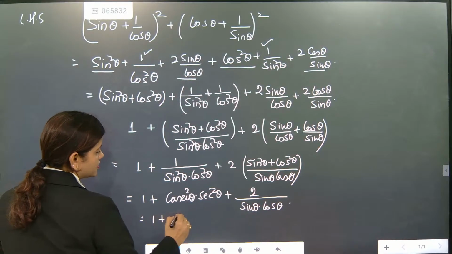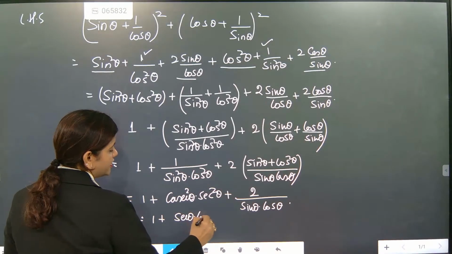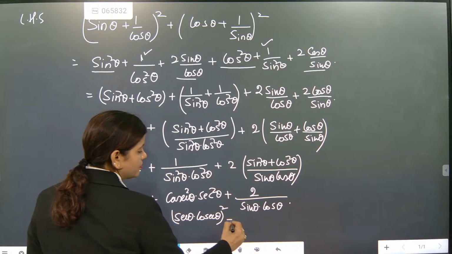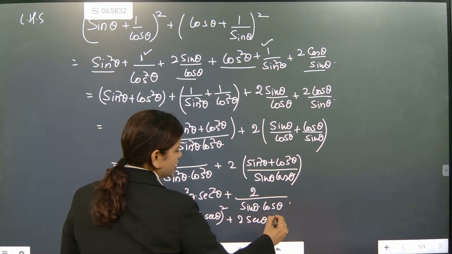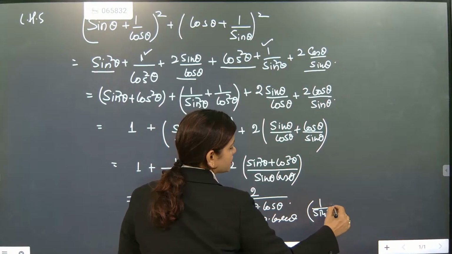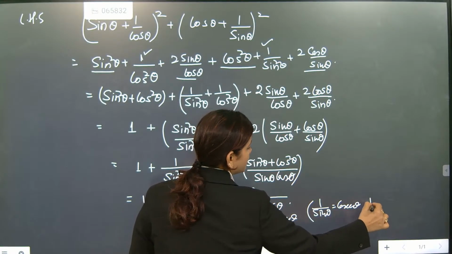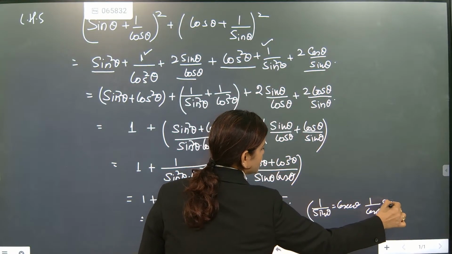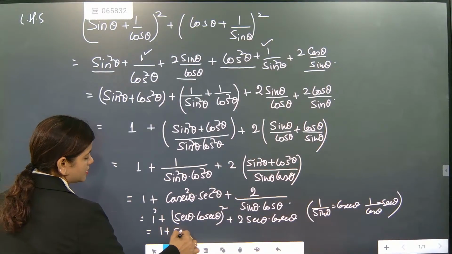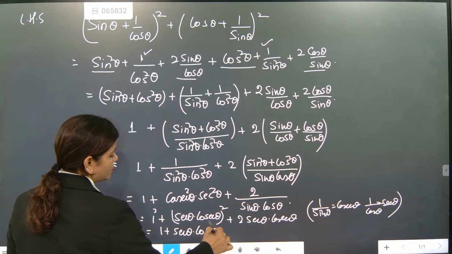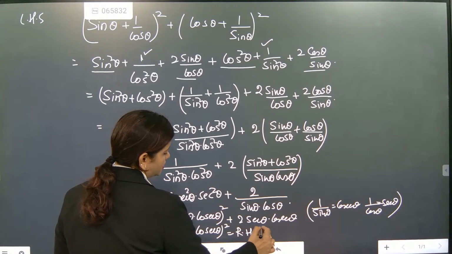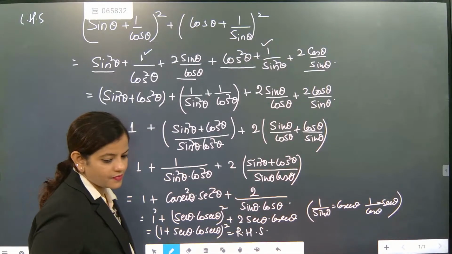So it is 1 plus secant theta into cosecant theta whole square, a square plus b square plus 2 secant theta into cosecant theta, because 1 by sine theta is cosecant theta, 1 by cos theta is secant theta. So this part will become 1 plus secant theta into cosecant theta whole square equal to RHS. Okay, done.